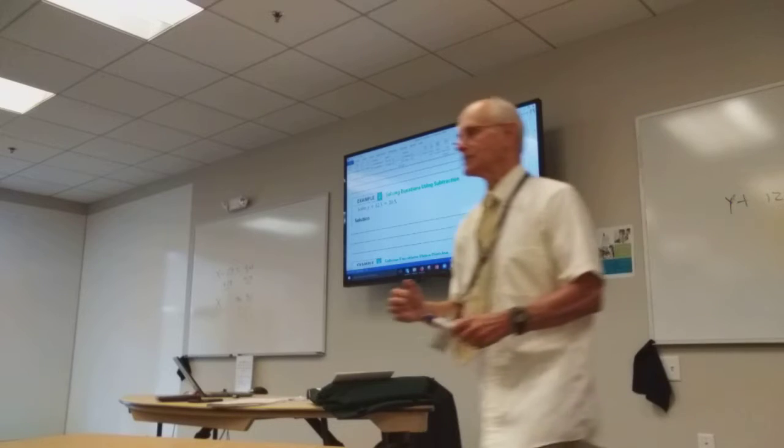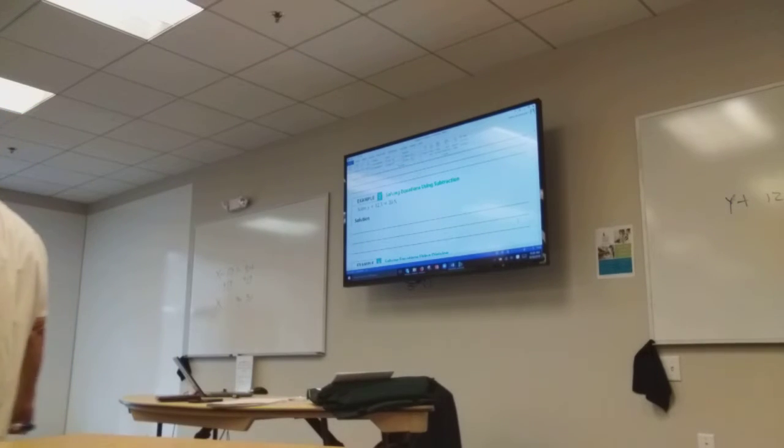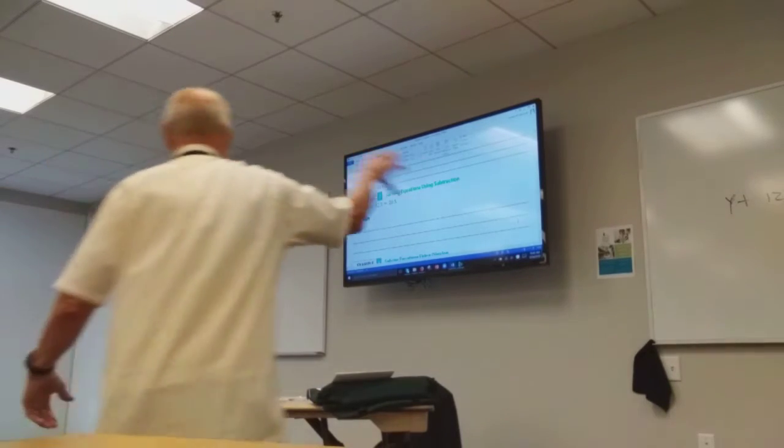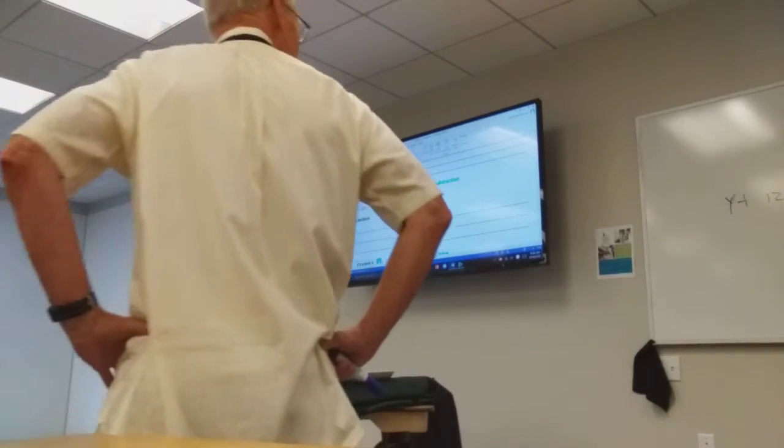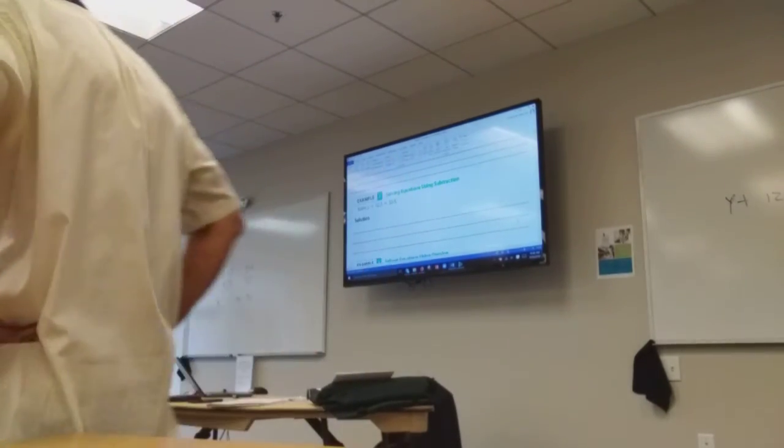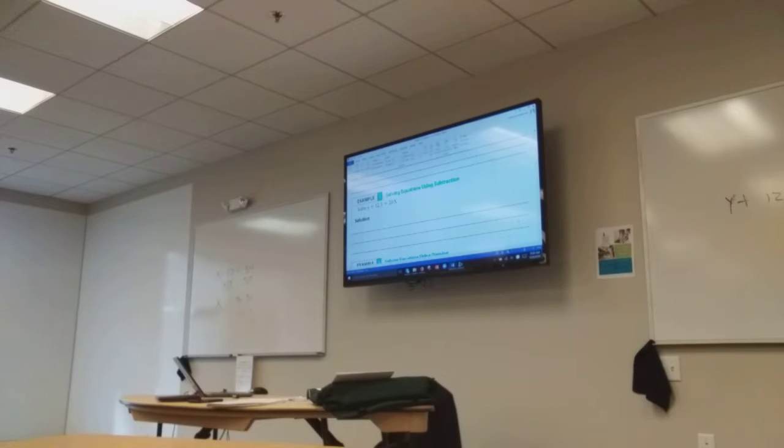All right, who haven't I talked to? Edmundo, excuse me. Forgive me. I'll try to get that right. Can you read this for me? Y plus 12.3 equals 20.5. Okay.